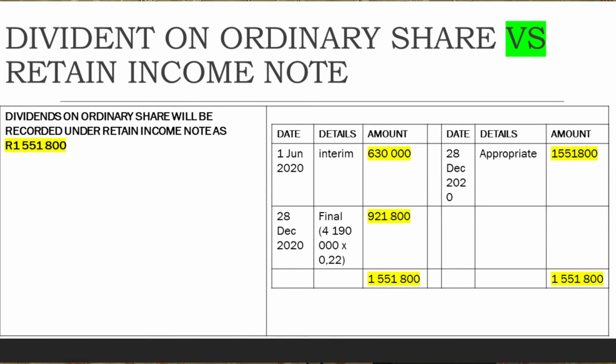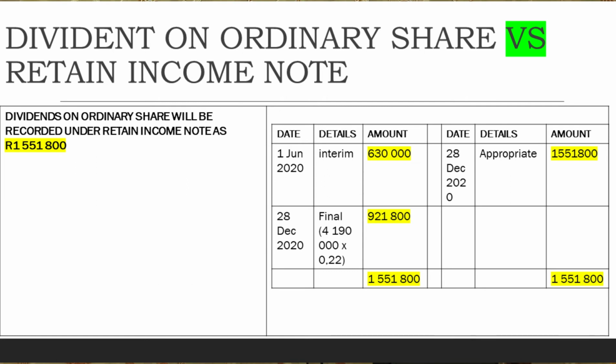We have debit and credit. On the credit side, it will always be appropriate account. And then on the debit side, we are going to have interim and final, meaning that the money goes out of the business. It's regarded as an owner's equity account. It's outflow of money in the business.